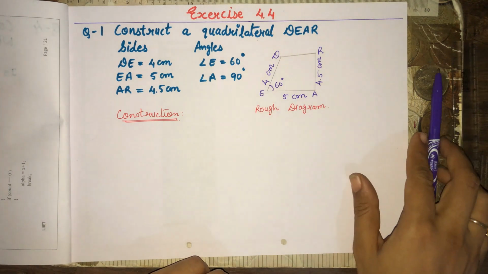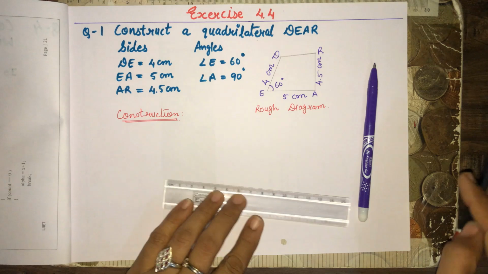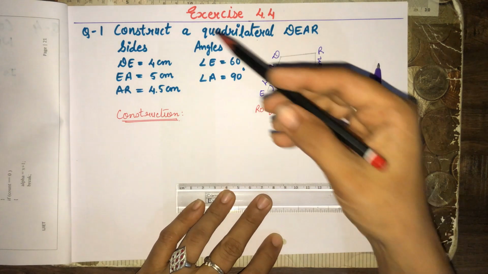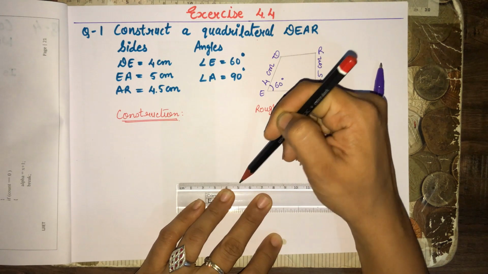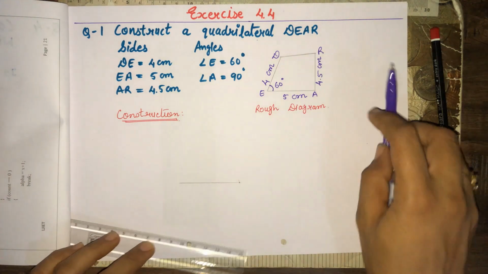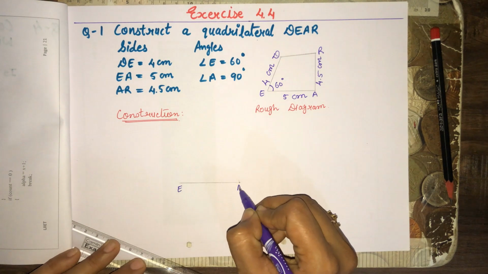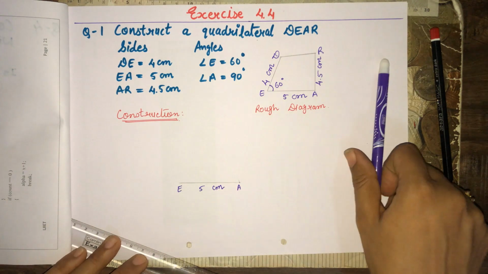So we'll begin with EA, 5 centimeter. The first step is to draw EA with 5 centimeter length, and I'll name it EA, 5 centimeter.